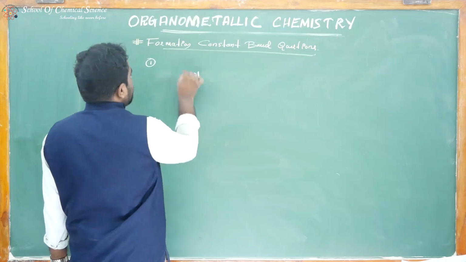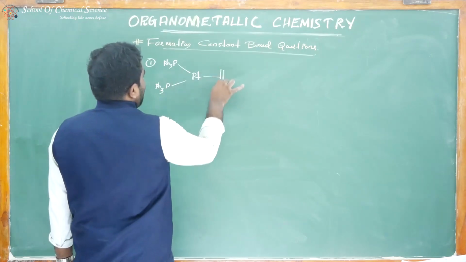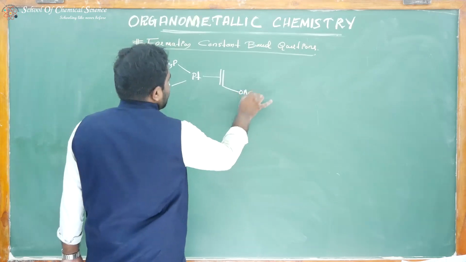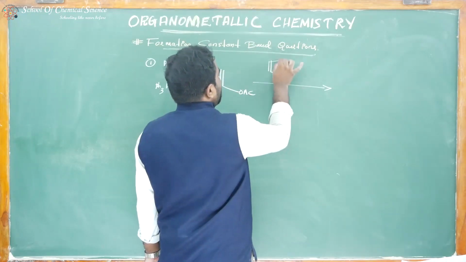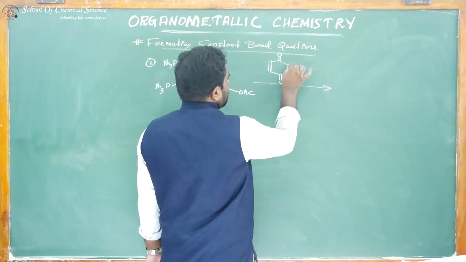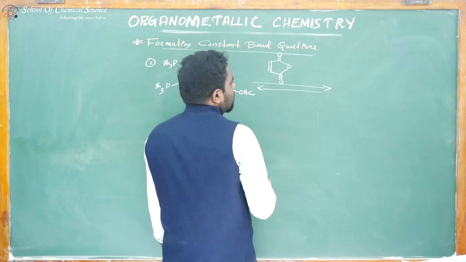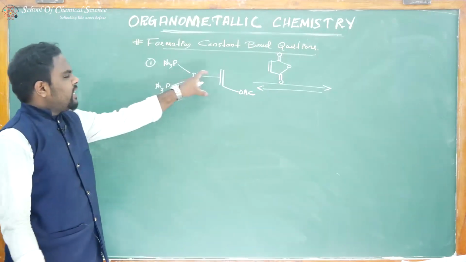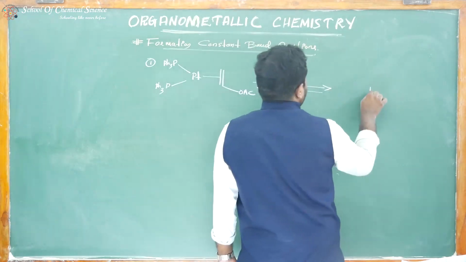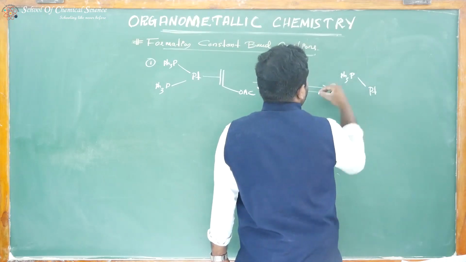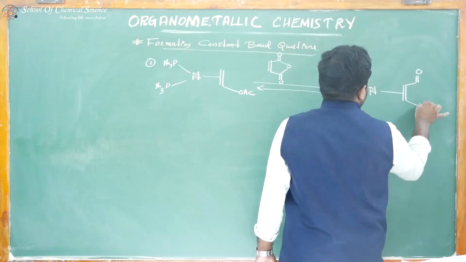For example, this is Pt, here PPh3, here also PPh3, and this is coordinated to an alkene, on reaction with another alkene, C double bond O. This reaction is a reversible reaction, and this Pt, PPh3 and alkene on reaction with another alkene, this alkene is replaced by the newly formed alkene complex, Pt, PPh3, PPh3, alkene, double bond O, double bond O.